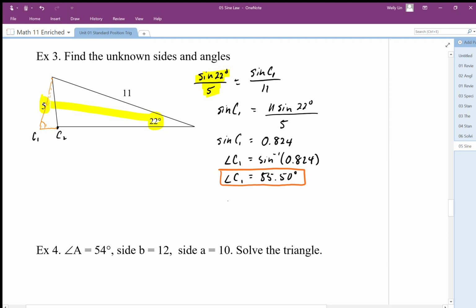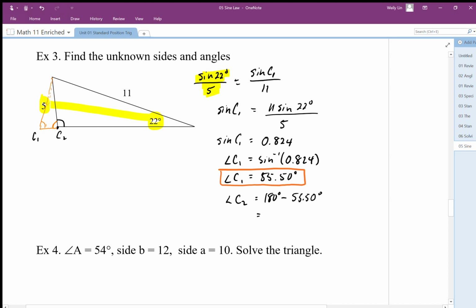So we need C2. If you take a look at the diagram, this is an isosceles triangle, so those two angles are the same. So to find the angle C2 on this side, it's just supplementary. So it's going to be 180 degrees minus theta 1, which is exactly the same formula that we use for theta 2 when we deal with circle trig.